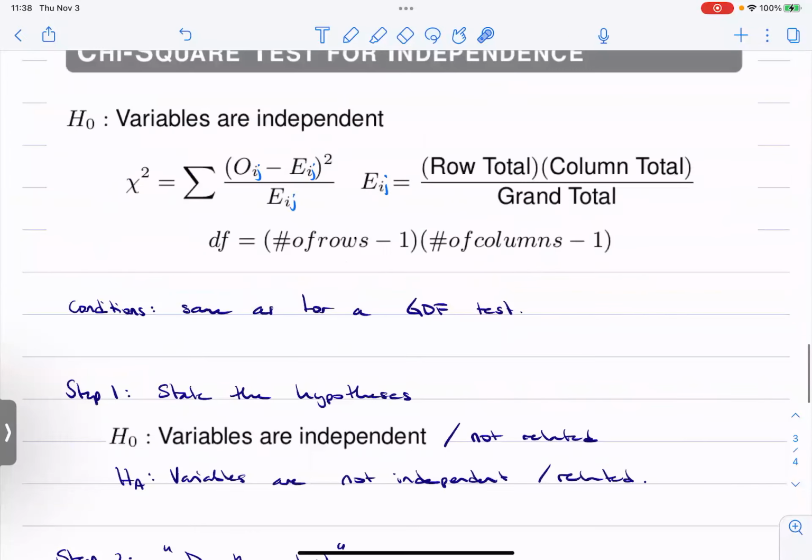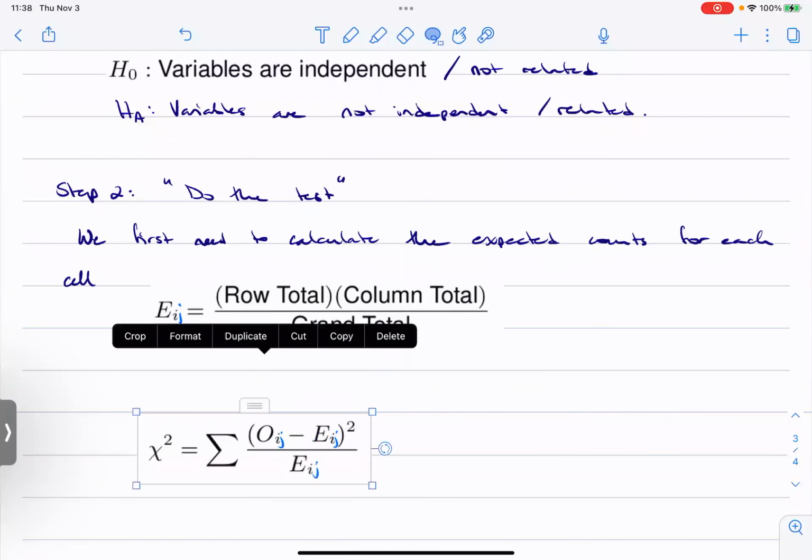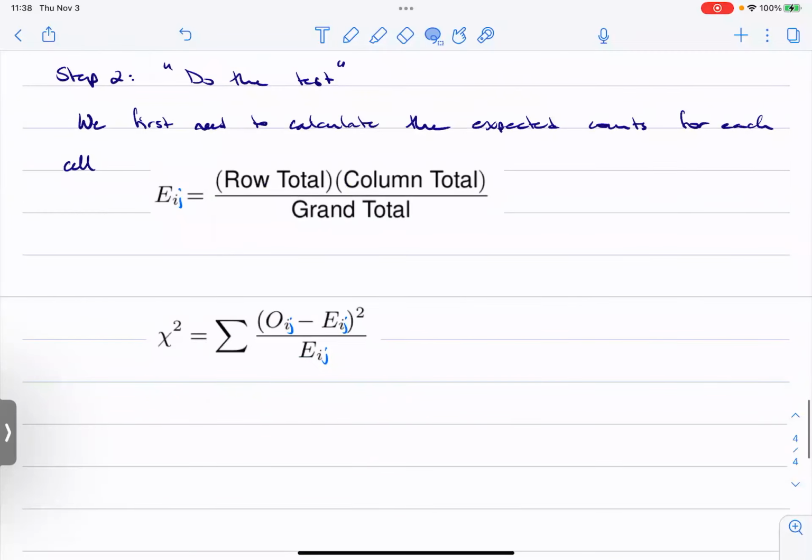Then we can calculate this chi-squared, which is the same calculation as before. It's the distance between the observed count and the expected count, and then we square that, and then we divide by the expected count, and then we add all those up.